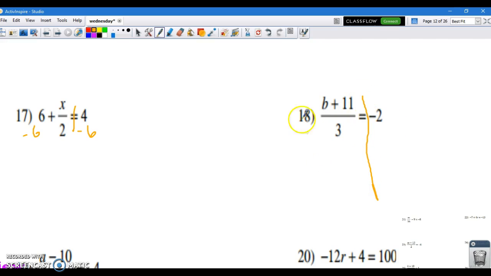So since fractions are division, I'm going to multiply the 3. Remember, junk in the trunk, multiply or divide first, which basically means you need to get rid of the bottom number of the fraction that has the junk in the trunk. When I do that, long story short, the junk in the trunk will drop down.